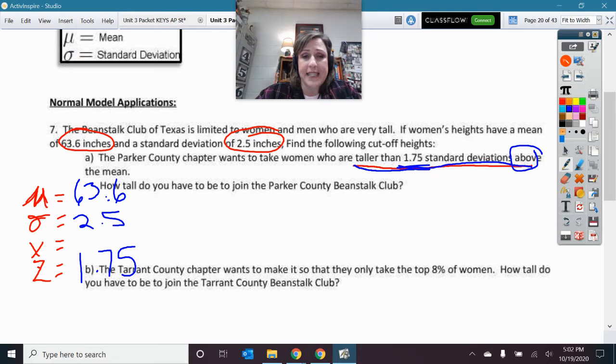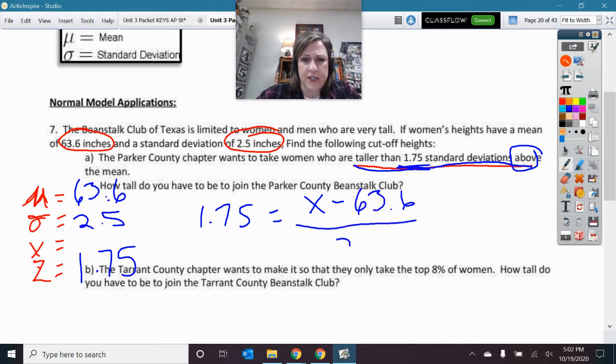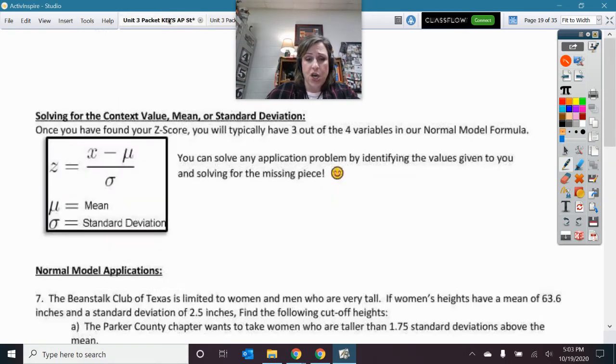So I'm going to set up my z equals x minus the mean over the standard deviation. So here's my z equals, okay, my x, that's what I don't know, minus the mean, which is my 63.6, over the standard deviation of 2.5. Okay? And so now I'm going to do algebra and solve. I hope you know you will multiply both sides by 2.5, and then add that 63.6 over.